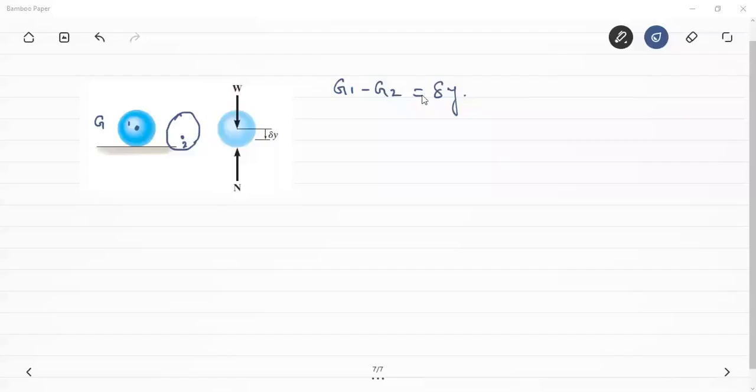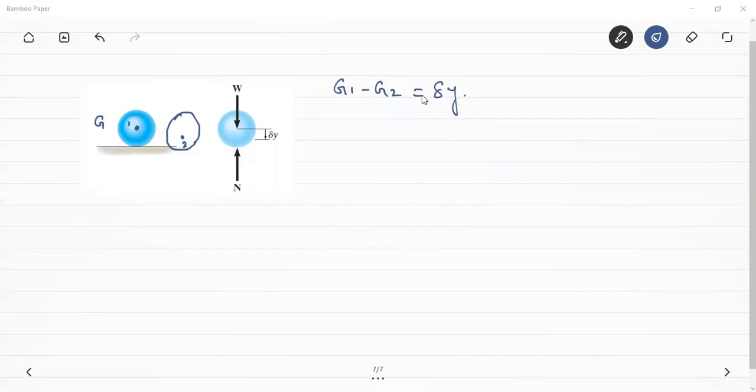The difference in the positions of the center of gravity gives us the virtual displacement. This virtual displacement doesn't actually exist. There is no displacement of delta y, but still we assume that on account of the application of these two forces, the center of gravity of this ball gets displaced by delta y.